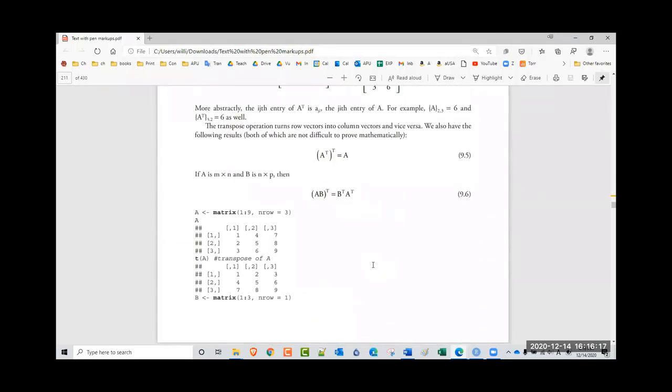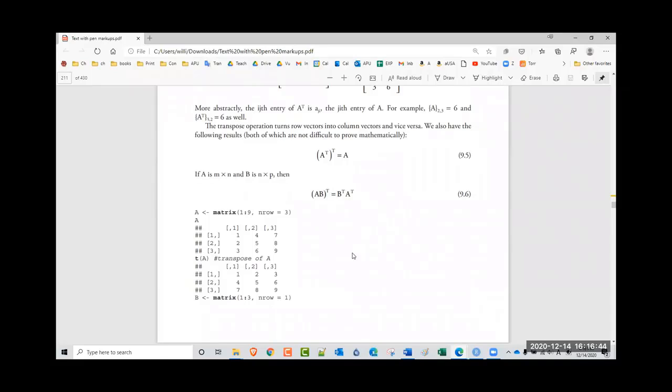We can do it in R. This says that the transpose of a matrix just means make the columns rows and rows columns. If you do that twice, then of course you get back the original matrix. This is a property that you can prove pretty quickly, that shows that the transpose of this should be that.